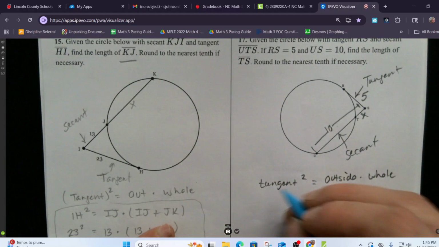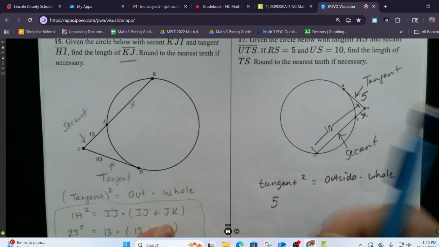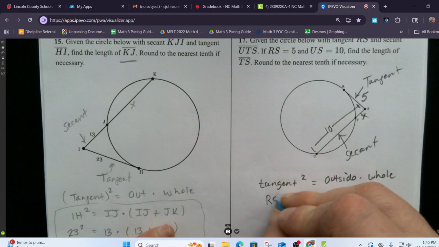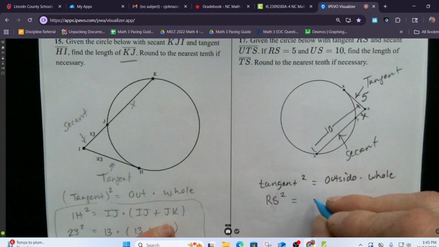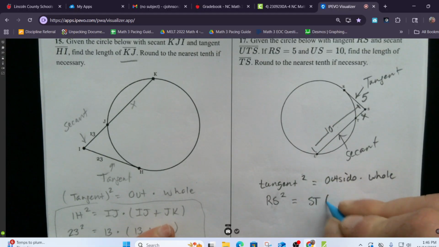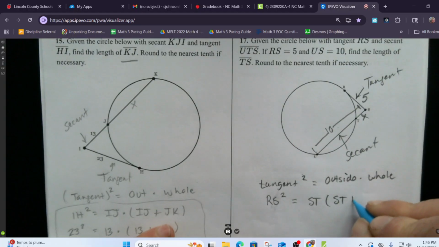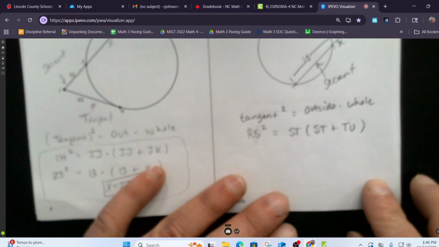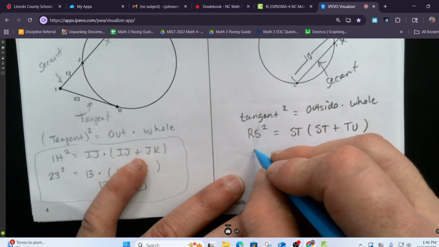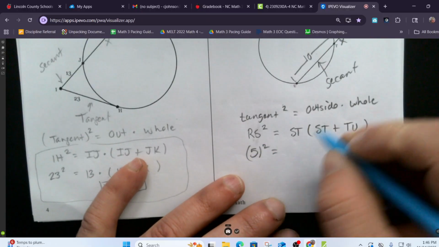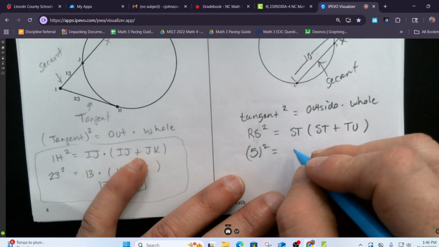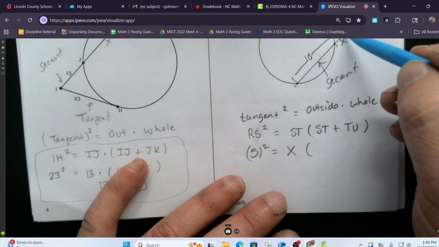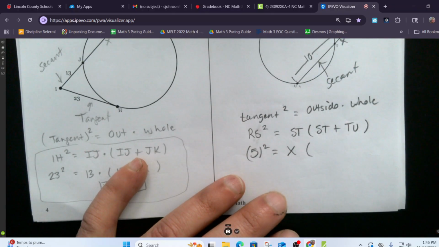All right, so the tangent squared, so it's going to be RS squared equals ST times ST plus TU. The measure of RS is 5. ST, we do not know what that is. That's going to be X. And then from S all the way to U is actually 10.